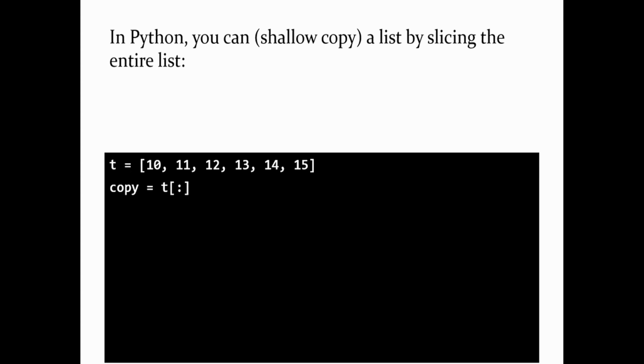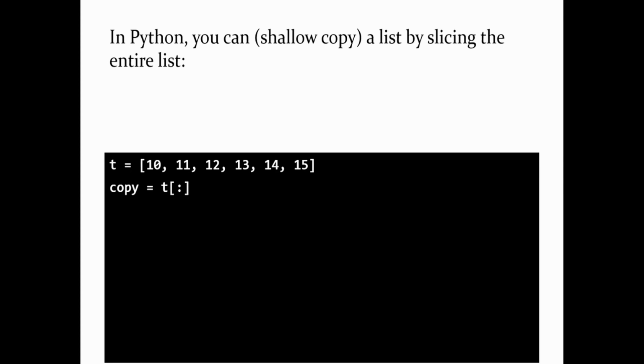There's two list objects. Now, I don't know if they told you this, but what you don't end up with is two objects corresponding to the number 10, two objects corresponding to the number 11, and so on and so on. So in Python, you end up with what's called a shallow copy. You don't actually have two lists full of the numbers 10, 11, 12, 13, 14, and 15.